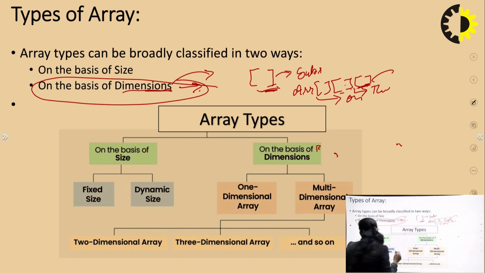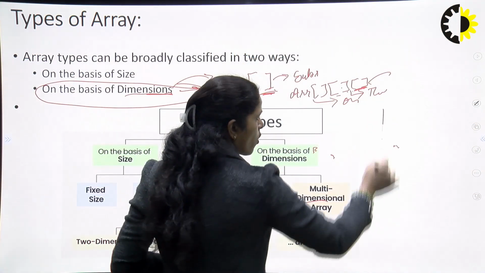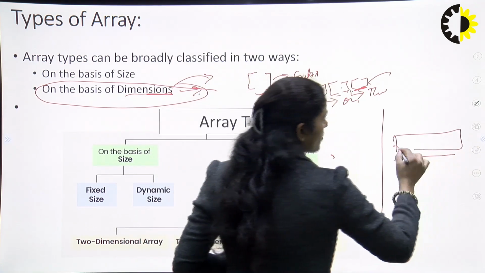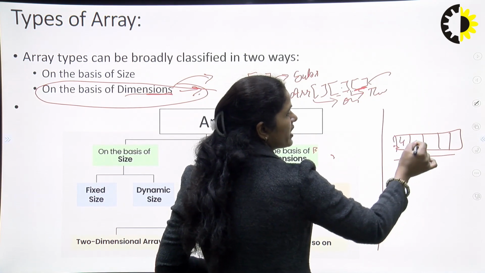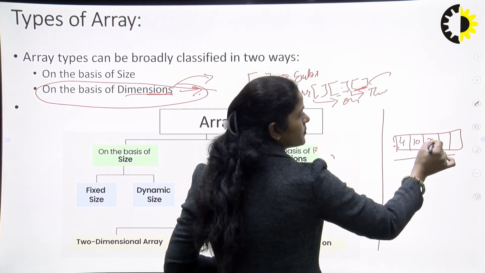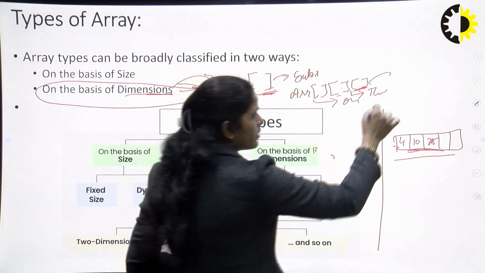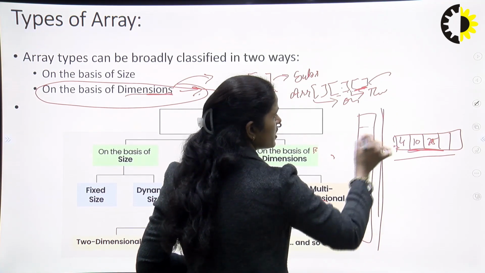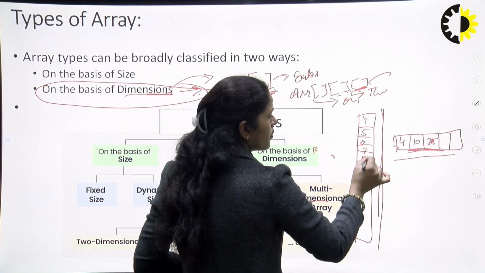Basically we have two types of array, 1D and multi-dimensional. A 1D array may be horizontal and it may be vertical. Just for example, if I am designing an array in this form, we are storing some values like this. This is the horizontal form, and this is the vertical, because we can also store the values in such a manner, like 4, 5, 6, 10 and so on.